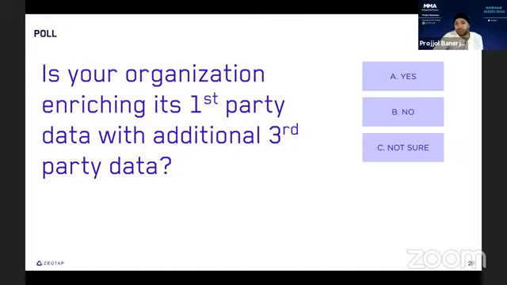Can we see the results from the poll? I was just giving it another 5 seconds because I can see a lot of participation. I'm just going to shut it now, and here are the results.